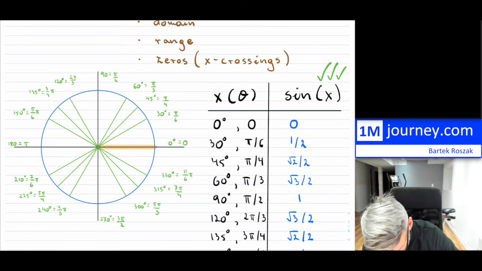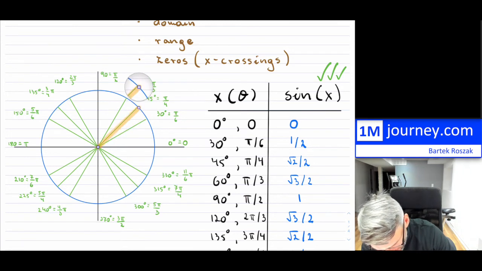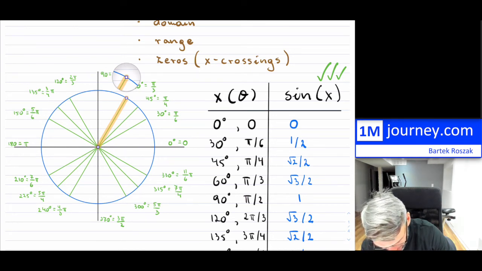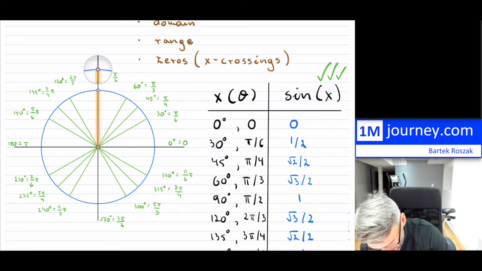So again, if I highlight this and I go around this unit circle, around the angles, notice that the sine here was 0, but cosine was 1. In here, the sine was a half, but your cosine was 3 pi over 2. Here, sine and cosine were equal to each other, right? Here, sine was now 3 pi over 2, and cosine was a half. Right here, cosine is 0.